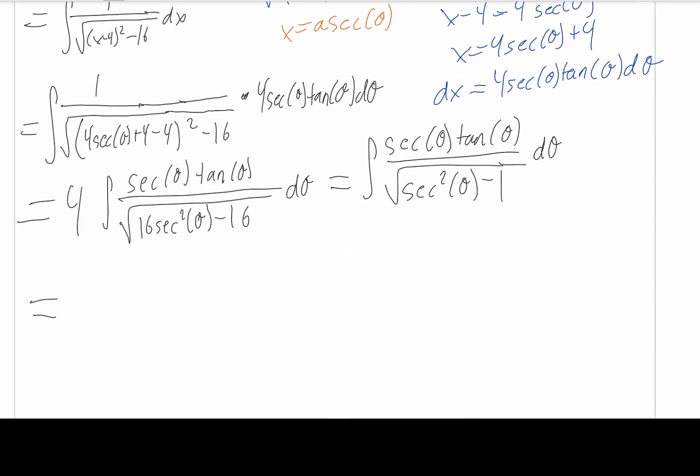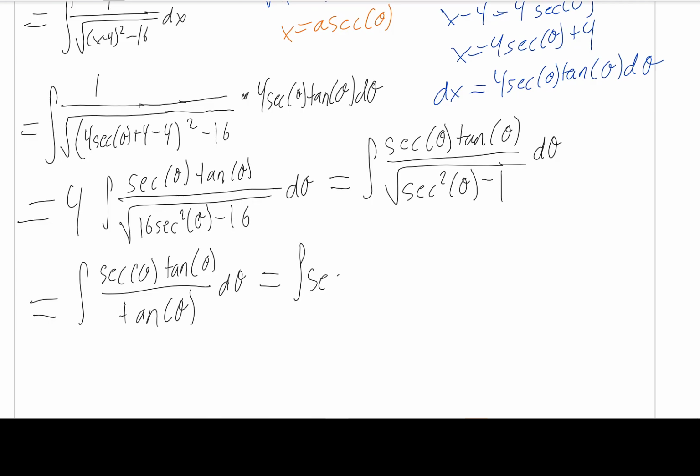Okay, so then this will give us the identity for secant squared theta minus 1 is tangent squared theta. The square root of tangent squared theta will give us tan theta. So we'll get secant theta tan theta over tan theta d theta, giving us the integral of secant theta d theta.